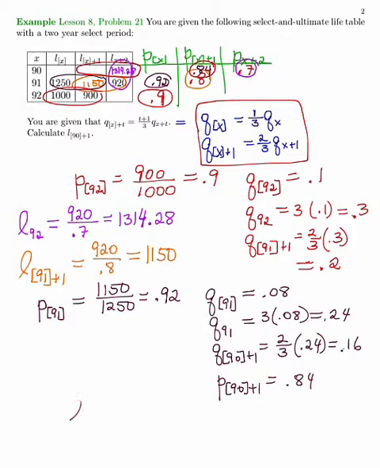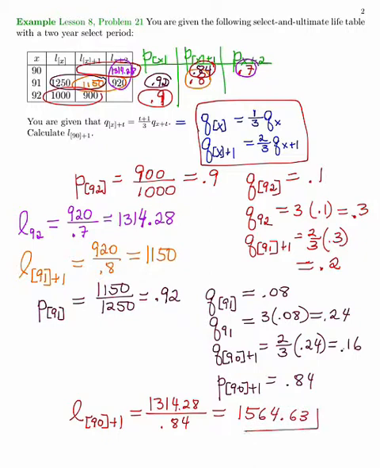So L90 plus 1 is equal to 1314.28 divided by 0.84. And that's going to be 1564.63. And that is my answer.